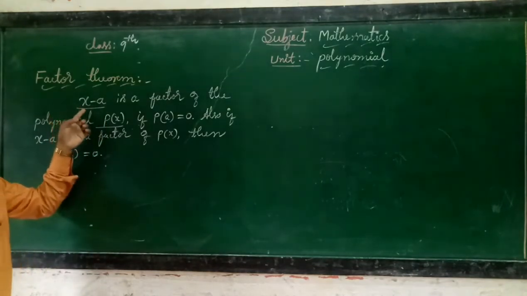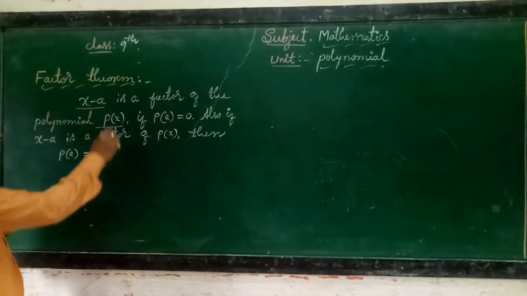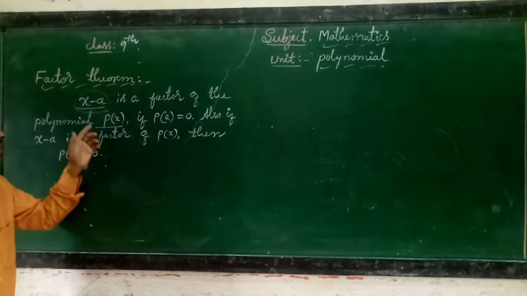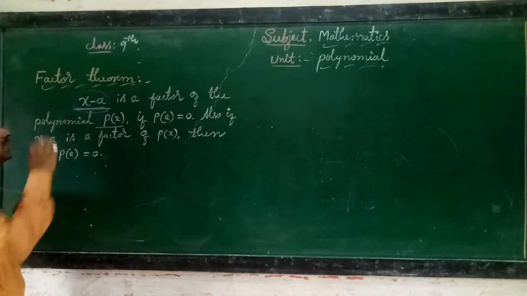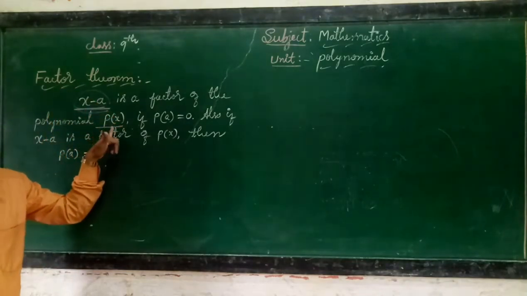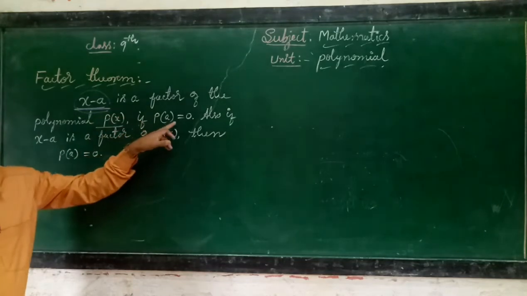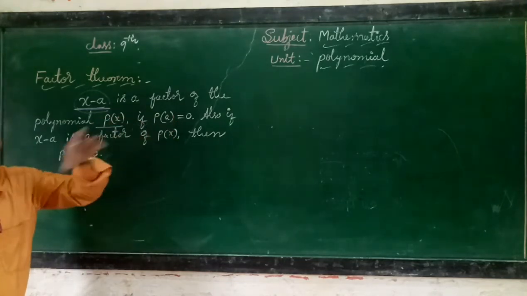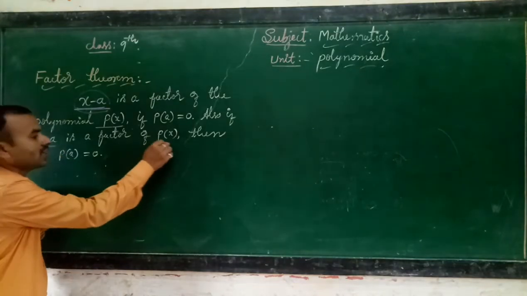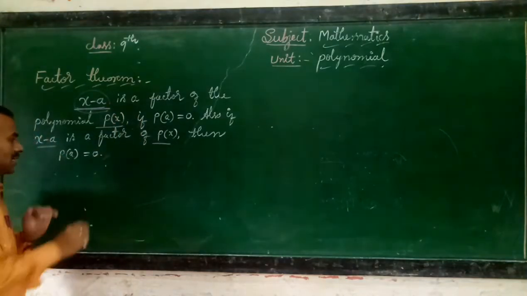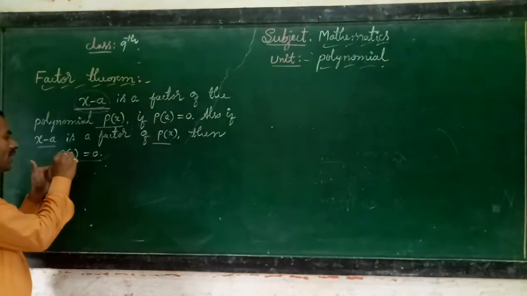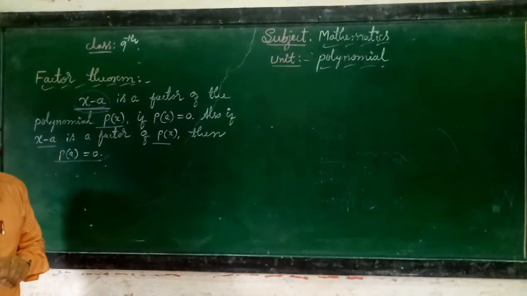If we put the value of x from g of x into p of x and we get remainder 0, then x minus a is a factor of p of x. It is of the form p of a equals 0. Instead of a, there is a number.